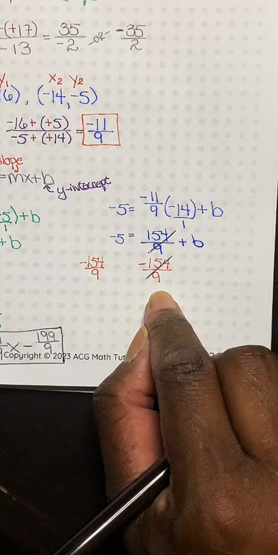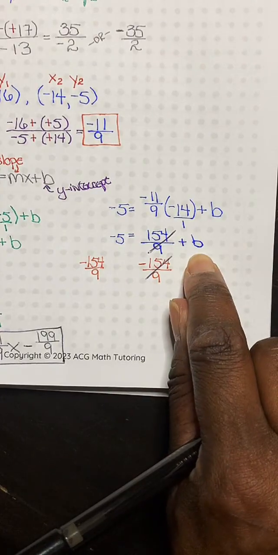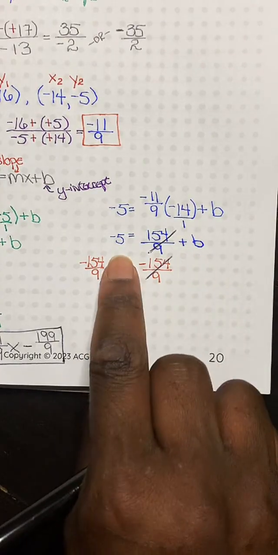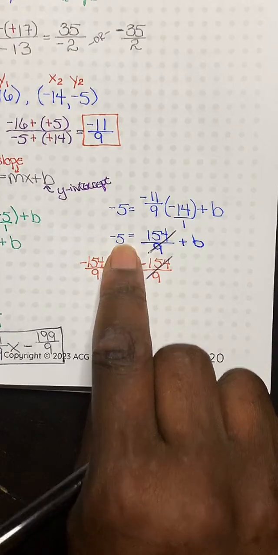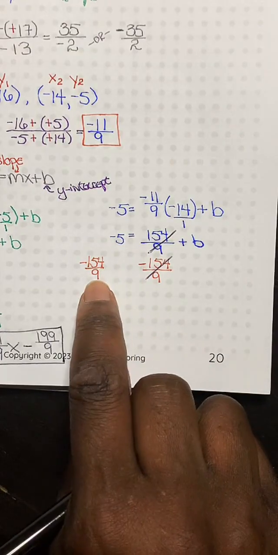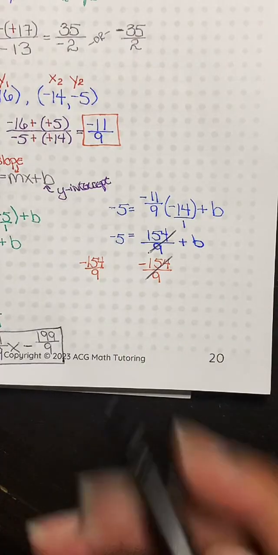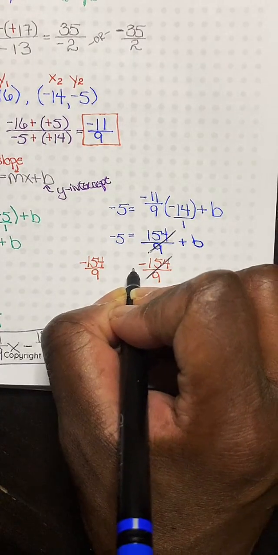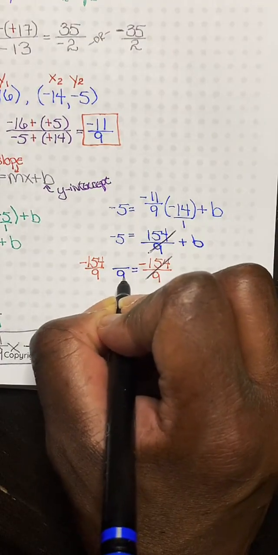If I needed it as a placeholder, I would put it in, but I do not because I still have my b. But we need to change this whole number of negative 5 to a fraction that has a 9 for the denominator. Because when you're adding or subtracting fractions, you need to have a common denominator.